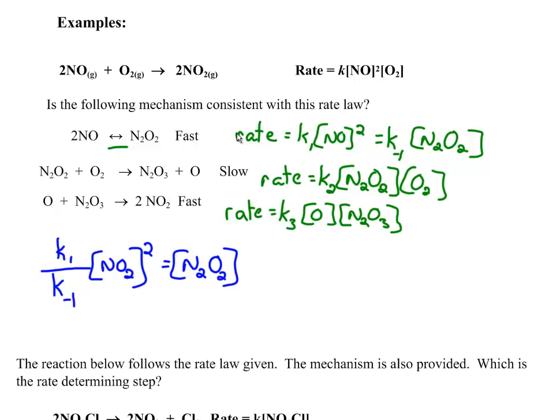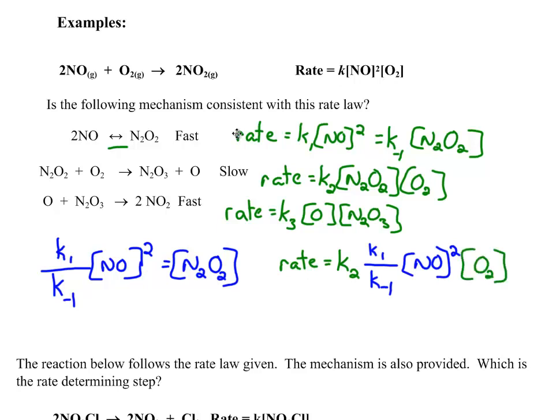So algebra simply lets me rearrange that equation, and now I have something that I can put in the rate determining elementary step in place of the concentration of N2O2. If I do that, it looks like I might get my overall rate law. So let's take a look at that.